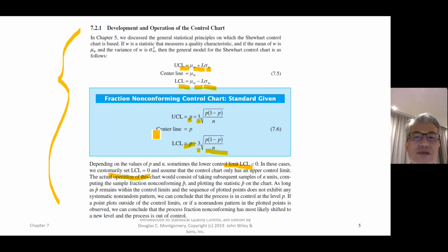If a non-random pattern is exhibited in the plotted points, we can conclude that the process fraction non-conforming has most likely shifted to a different value. If it shifts down, that is okay, the quality improves. However, if it goes up to a higher level, then it draws our further attention.